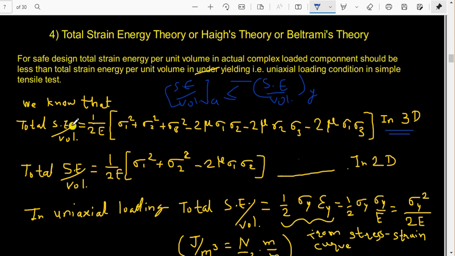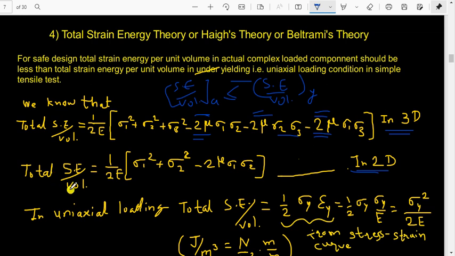It is like this: 1 by 2E into sigma 1 square plus sigma 2 square plus sigma 3 square minus 2 mu sigma 1 sigma 2 minus 2 mu sigma 2 sigma 3 and minus 2 mu sigma 1 sigma 3. Here you can take 2 mu common, but we are concerned with the 2D, so we will directly write the equation in 2D.